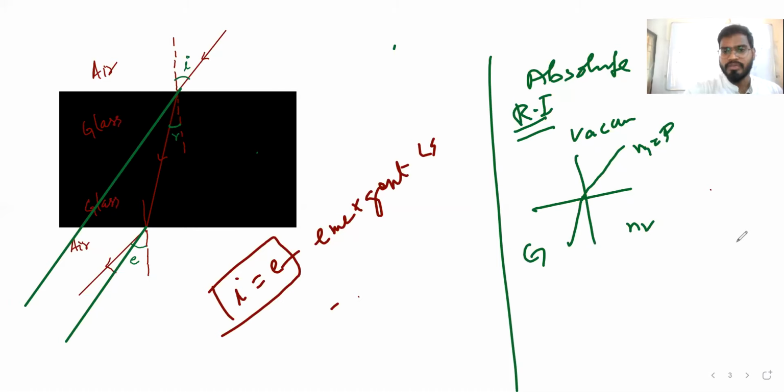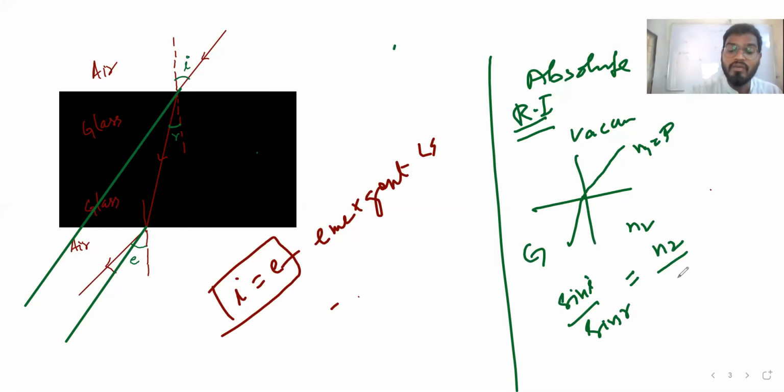So sine I by sine R is going to be N2 by N1, and since the refractive index of vacuum is 1, we can find N2 directly. This is the way to write the absolute refractive index.